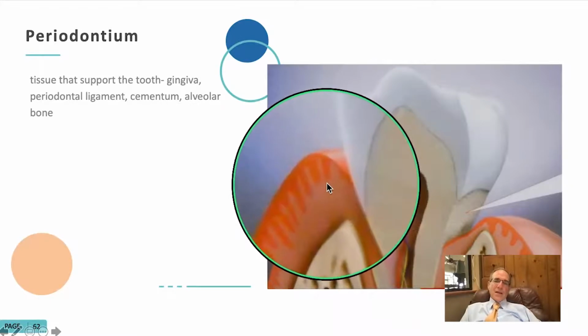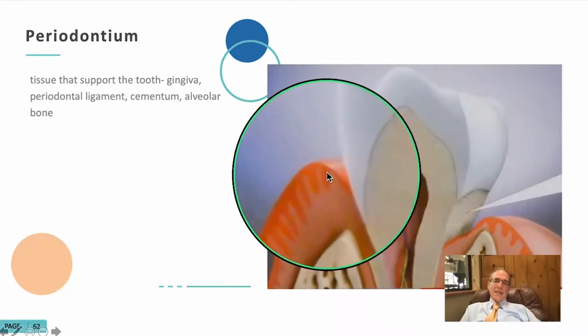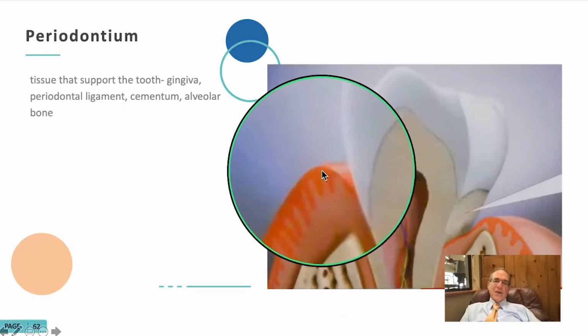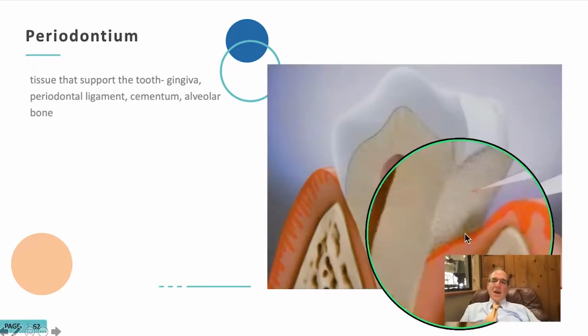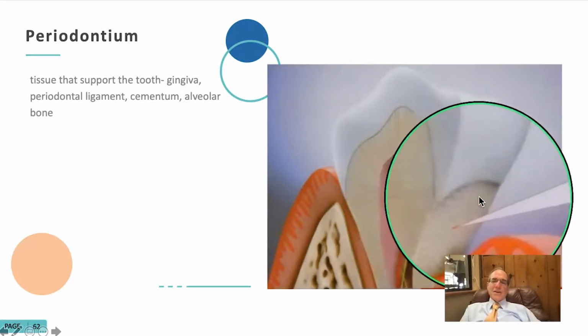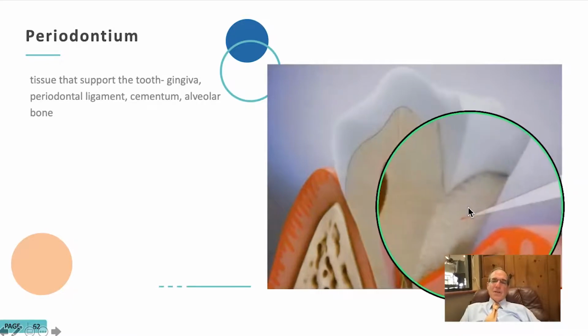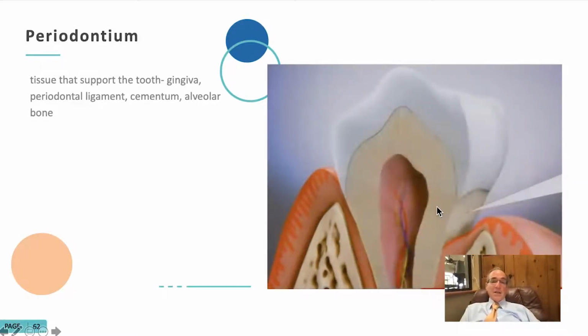This is where the attached gingiva becomes attached, and this is the free gingival margin over here. When you have gingival recession, you have a much larger pocket, and the gingiva recedes, exposing the porous, sensitive dentin. So it's something you certainly would prefer not to have.